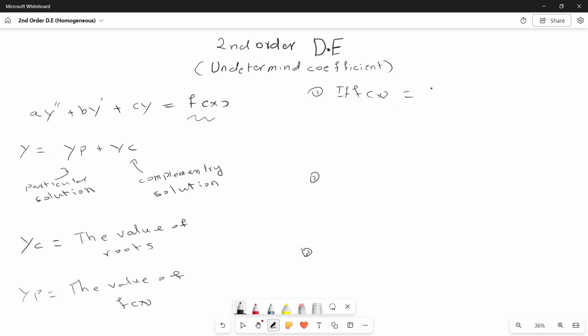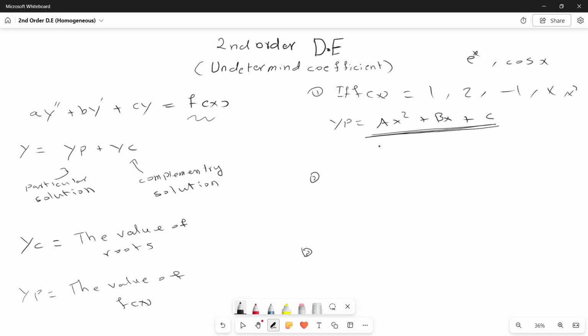If f of x is a polynomial function of x, so for example, 1, 2, minus 1, x squared, as long as f of x is not an exponential or a trigonometric function such as cosine x, our particular solution, yp, is equal to ax squared plus bx plus c. Now that would be a particular solution.